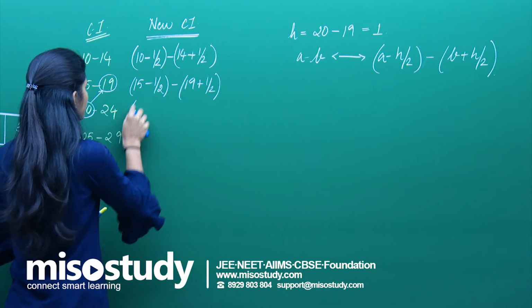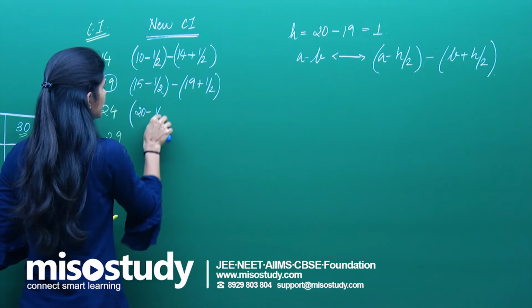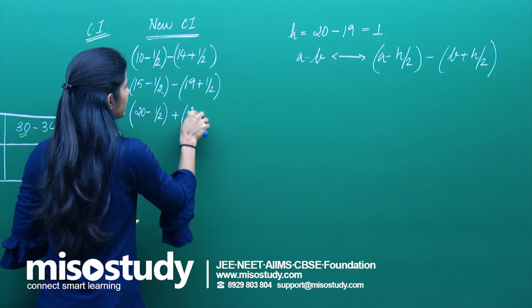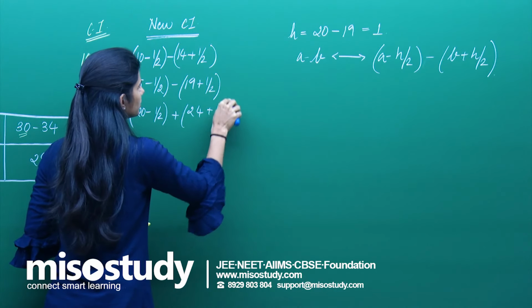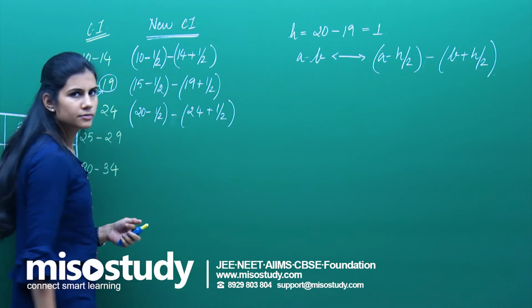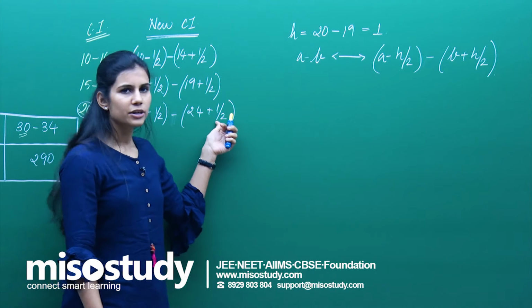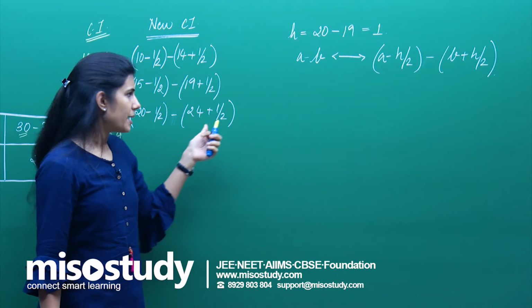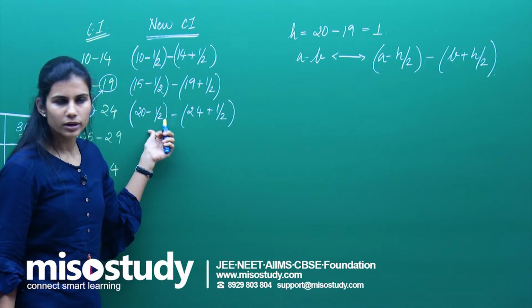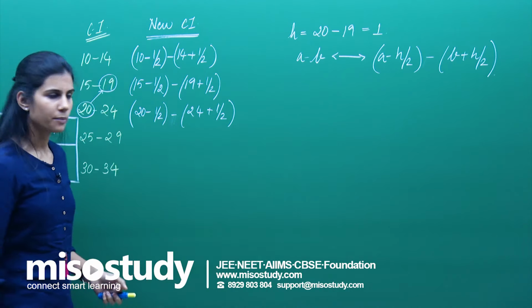Then this will be modified to 20 minus 1 by 2 to 24 plus 1 by 2. We have to subtract h by 2 from the lower limit and add h by 2 to the upper limit. h is 1. That is why we are subtracting 1 by 2 from the lower limit and adding 1 by 2 to each upper limit.